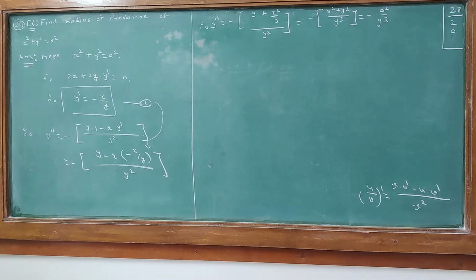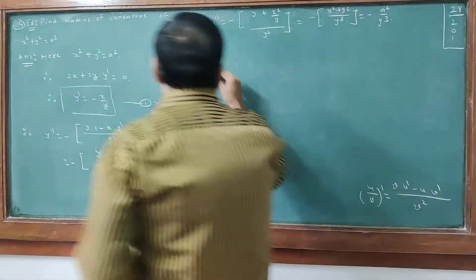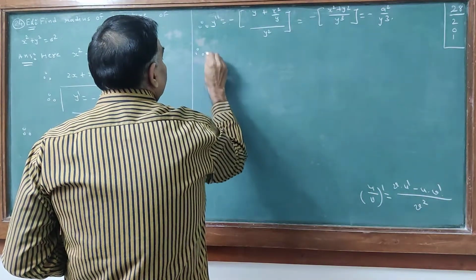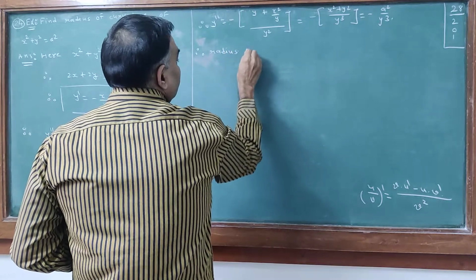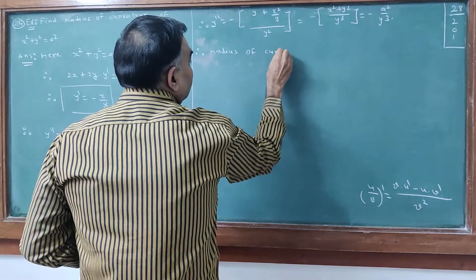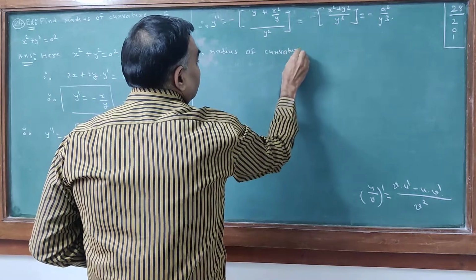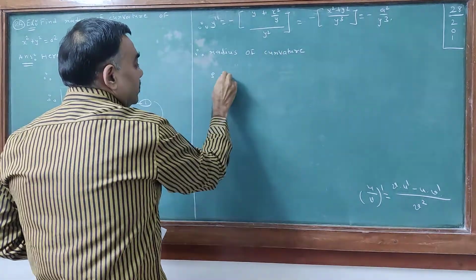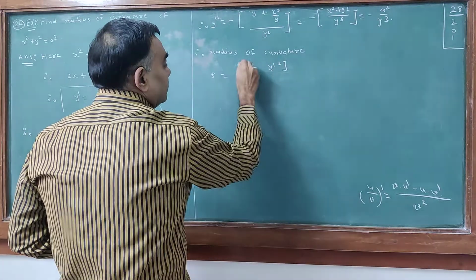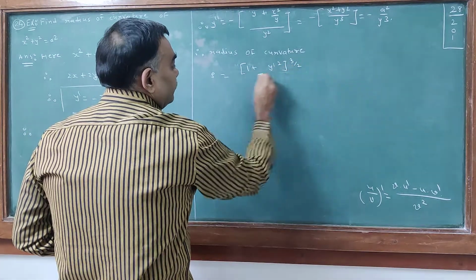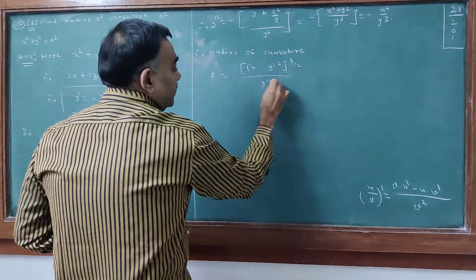Therefore, radius of curvature rho equal to 1 plus y dash square raised to 3 by 2 upon y double dash.